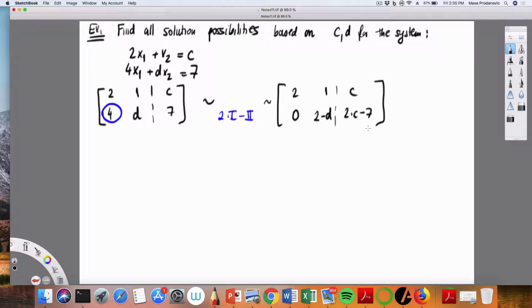For most C's and D's that just works, I can divide by D minus 2 and state the solution. In which cases can I actually not do that? If this is 0, I will have a problem, right? So basically this position being 0 could be problematic.